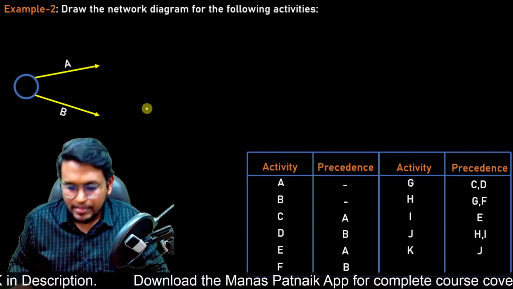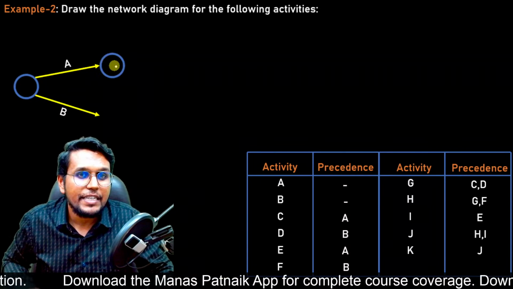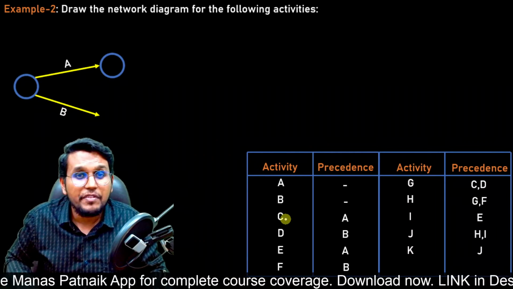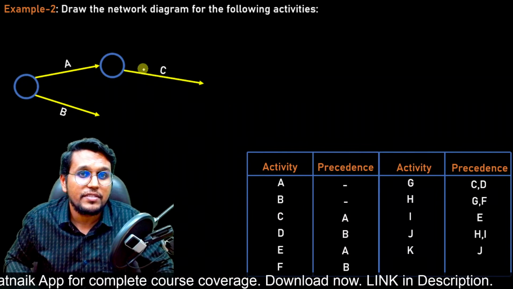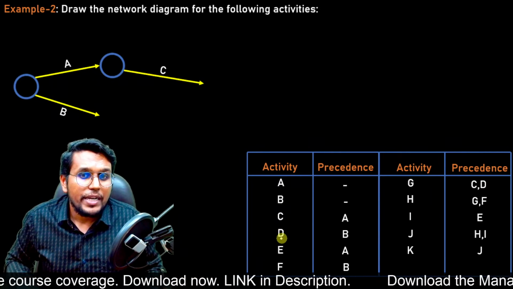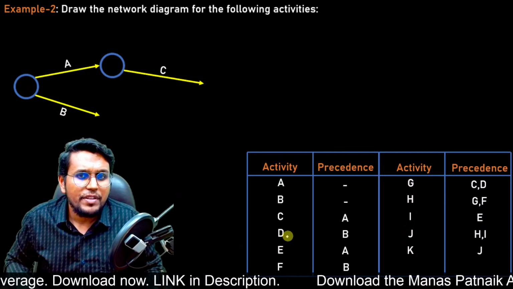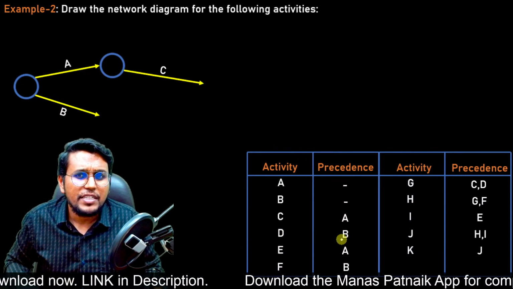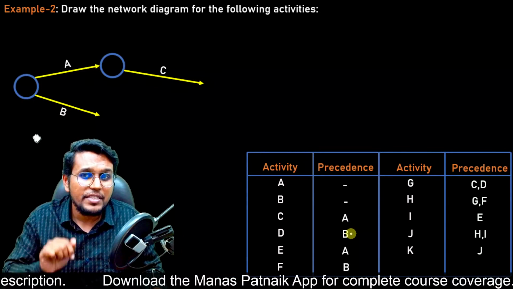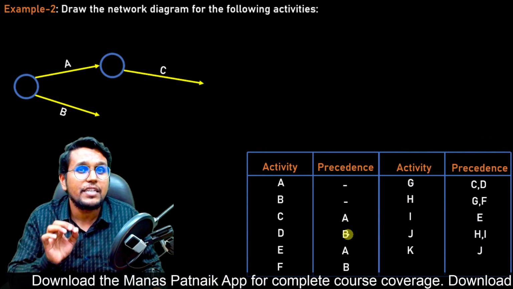So now I'll end activity A and start activity C where activity A ends. So let us start activity C and move down to activity D. Now when we see activity D, it depends on B. Again we will see whether in the precedence column B is combined with any other activity or not.